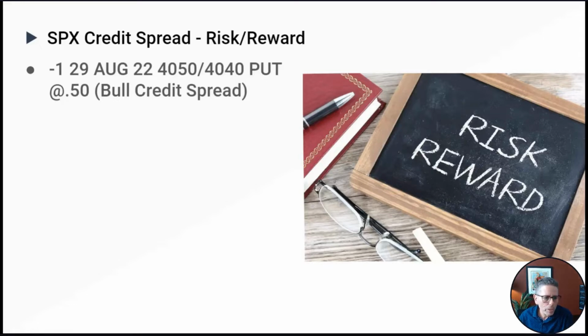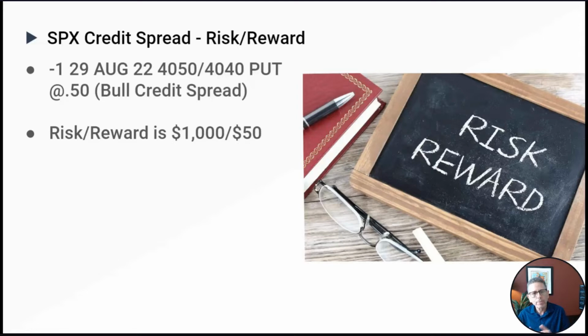So in this trade, just to let you know how this risk reward is, for a 10 wide, which is what this is, 40-50 minus 40-40 is 10 points, you have to put up $1,000 in margin in order to take that trade on, minus the $50 that you receive as a credit. So here's the credit, here's the margin requirement.